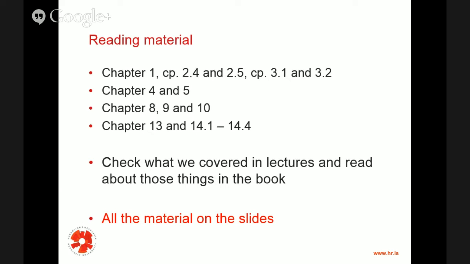You have these chapters in the book, but I would look at what we covered in the slides and read the things we covered in the slides in the book. Sometimes they are discussing something that we didn't really cover, so then you can hop over it or read it very fast. Just check it out.